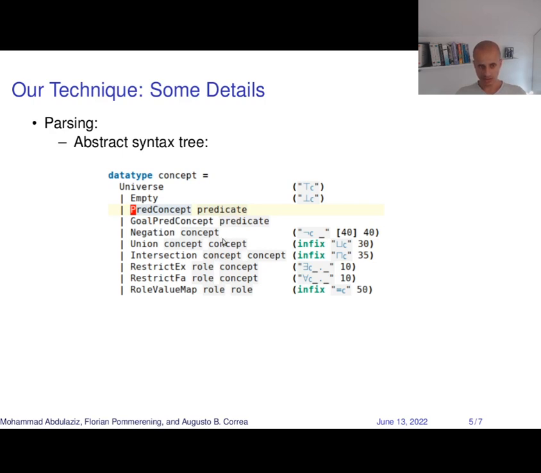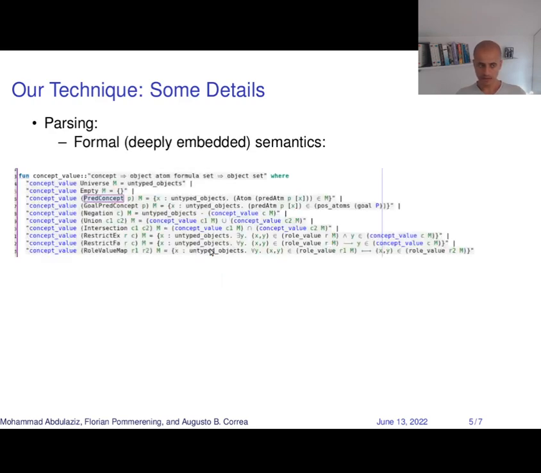As you can see, there are a few cases where a concept is defined recursively in terms of other concepts, and we can do that within Isabelle/HOL's algebraic data type implementation.